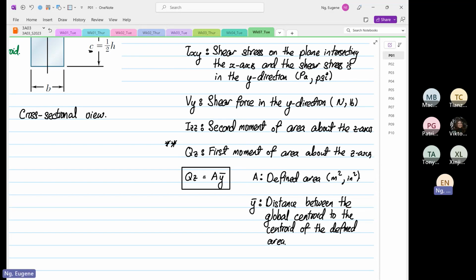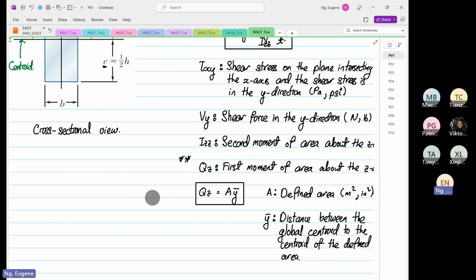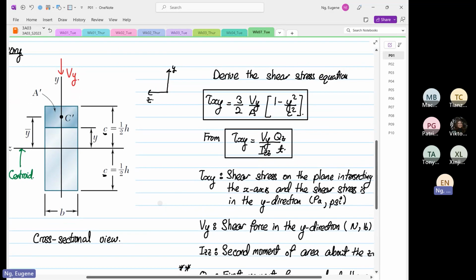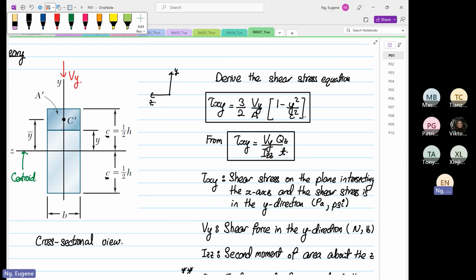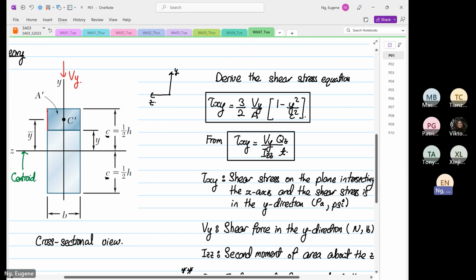Now let's talk a bit about the defined area. If you look at the figure over here, the shaded region, which I will draw a red box around, as you can see, this is known as the defined area.